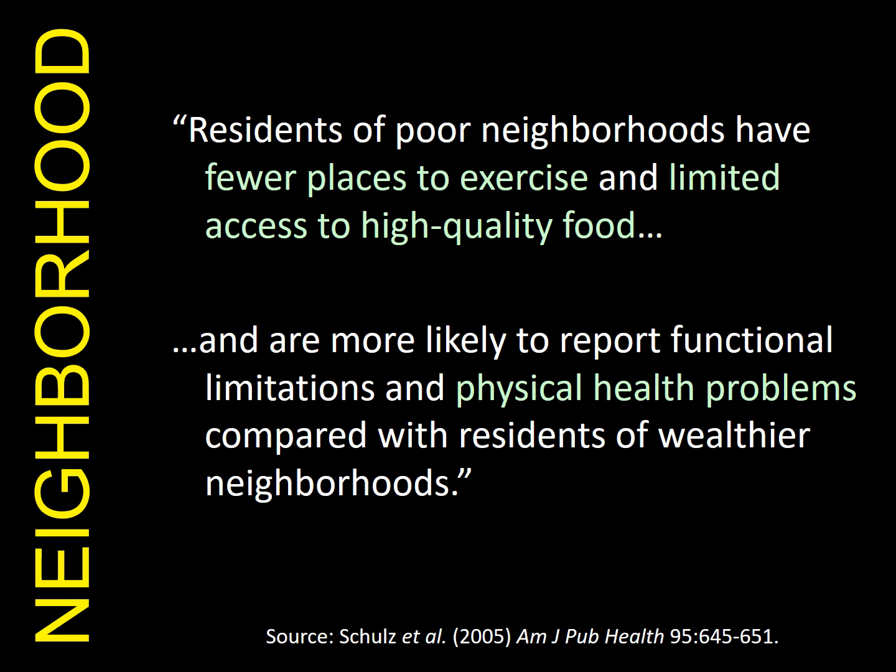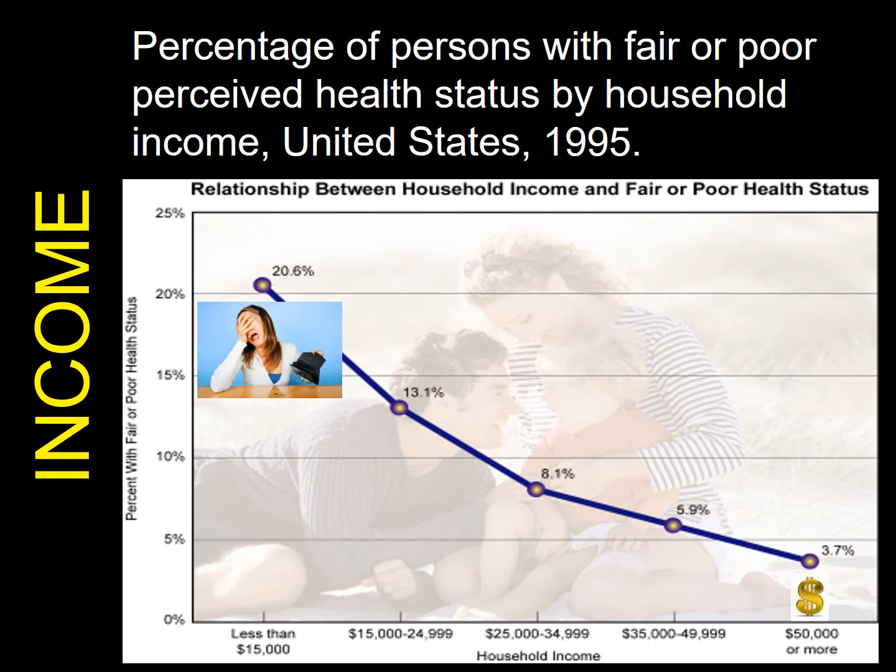But the story is more complex than just where you live. As another example, we could look at income distribution as a mechanism. And also, not surprisingly, the percentage of people with fair or poor self-perceived health status goes down the more money the person makes.